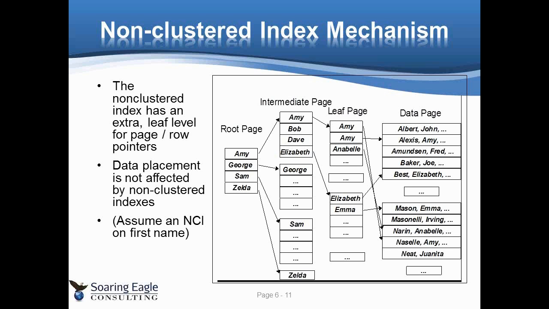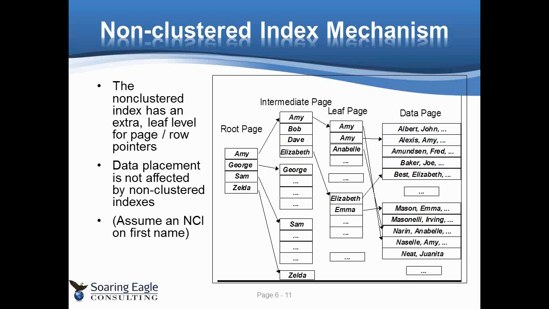So 1 million data rows, 1 million entries in the leaf page. Note that in the clustered index structure, we had an entry per page. Now we have an entry per row. This implies that unless you have rows that take up the whole page, that non-clustered index structure is likely to be much larger than the clustered index structure. Much larger is generally in terms of storage. It is not hugely significant in terms of index levels, which tends to be one level deeper.